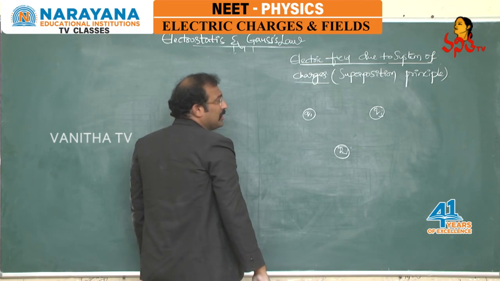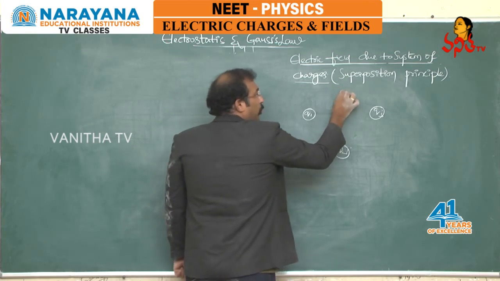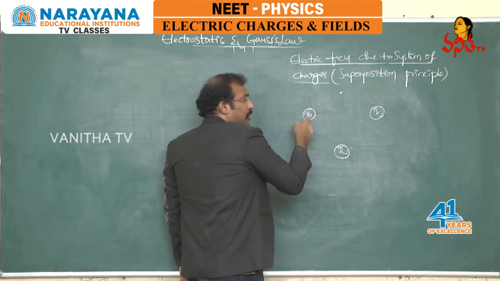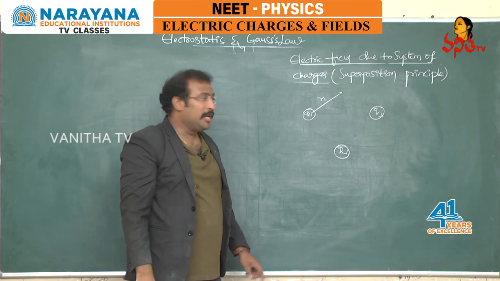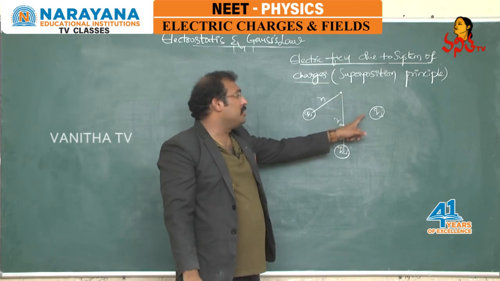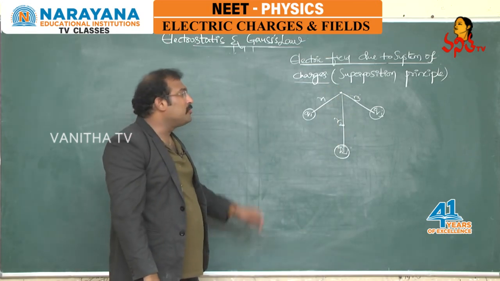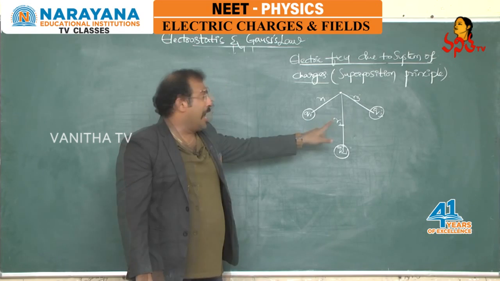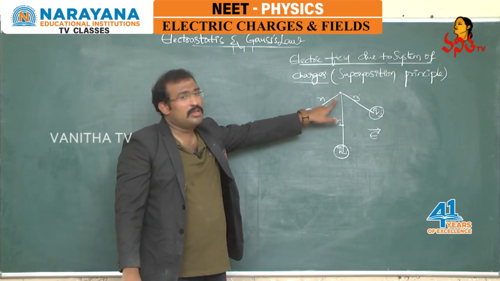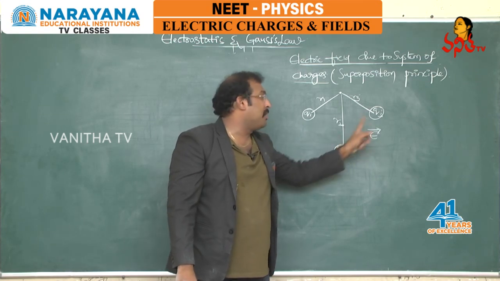I want to find the electric field due to a number of charges at a point. Let the position of this point from Q1 be R1, from Q2 be R2, and from Q3 be R3. Now we write the superposition principle as: the electric field strength due to a system of charges at a point is the vector sum of the individual fields due to the number of charges.